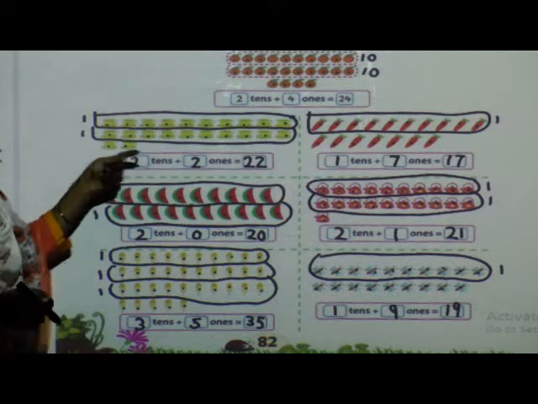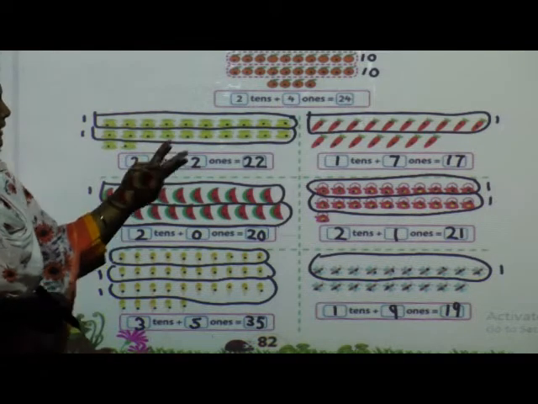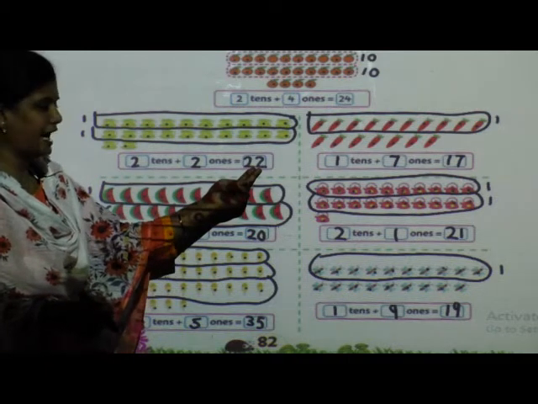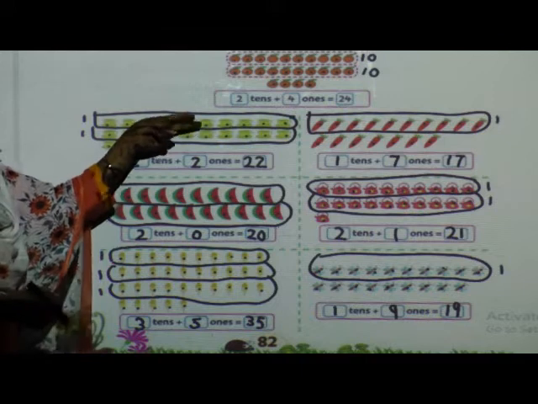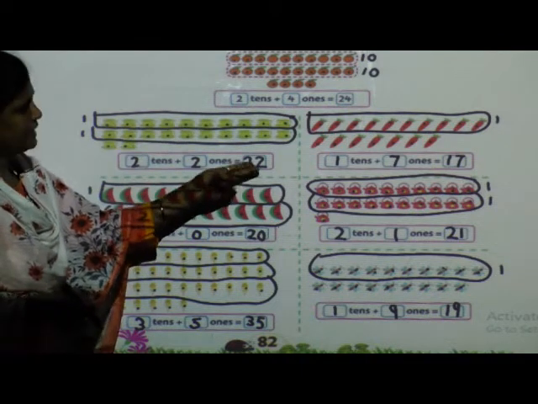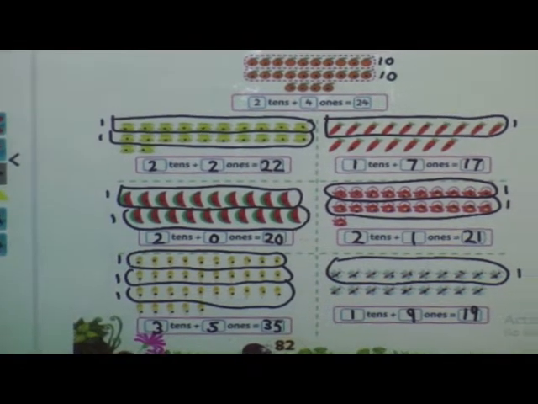Then the first number of tens and the second number of ones we write here, and we have to see whether the total number we have counted and the number which comes here are the same or not. Okay. So I will wait for a minute, just you do that.